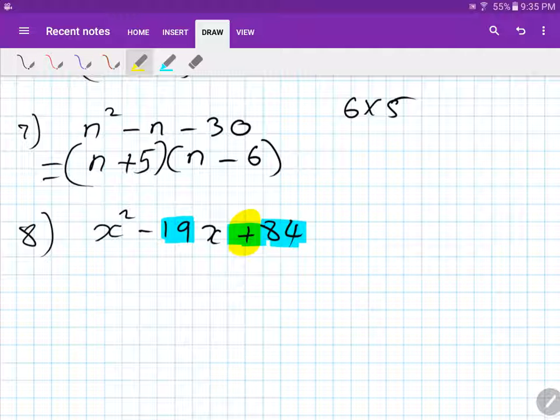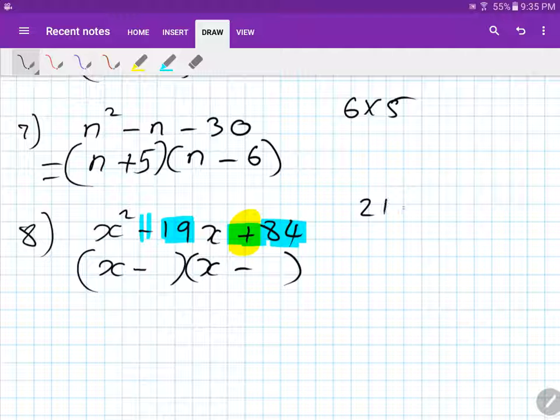Look at this side. The first step is plus, then I just copy this side out. The other side is negative, so you go x minus, x minus. What times what gives me 84? Add. See the add here. Add gives me 19, so list them out. 21 and 4, no good. 14 and 6, no good.